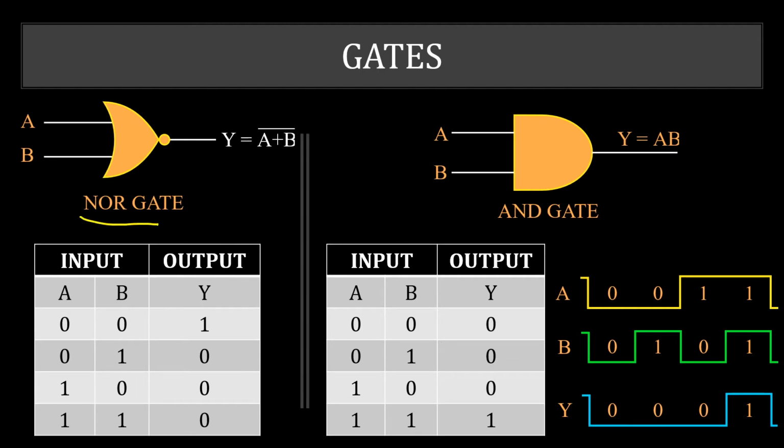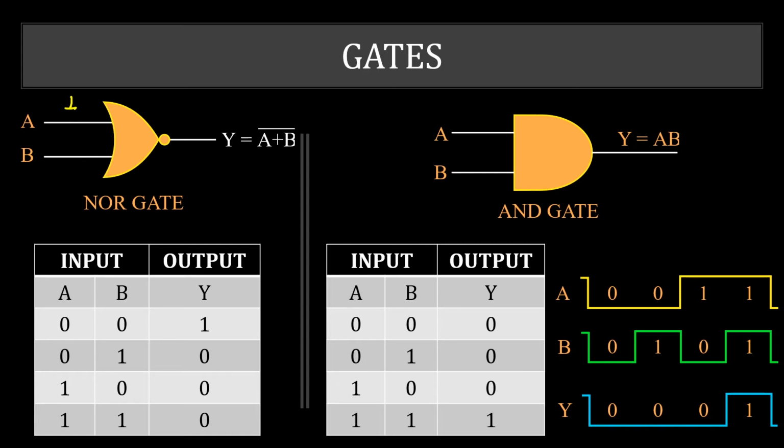NOR gate. What is a NOR gate? NOR gate is OR plus NOT. So if input A is 0, B is 1, for the OR gate we will get 1, but there is a symbol here for NOT. So 1 bar will become 0, so output will be 0.